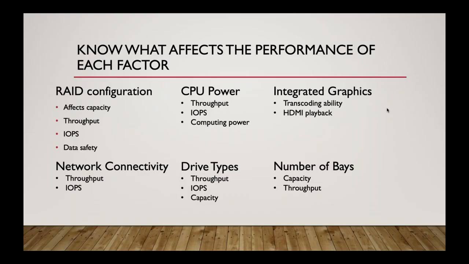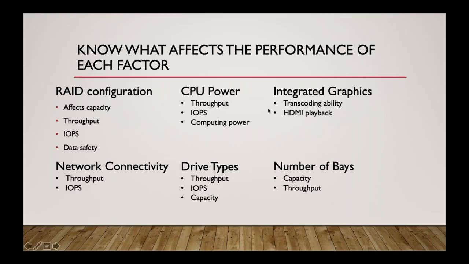For example, RAID configuration will affect your storage capacity. The RAID configuration you choose will affect your throughput. It will affect your IOPS and your data safety. So what RAID you choose will determine how you perform in these categories.